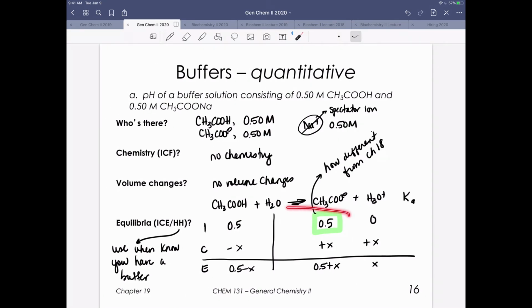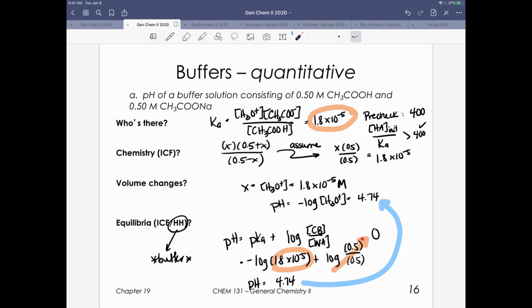Those were these values right here. Because these were equal, we're going to have the log of 1. The log of 1 is 0. So again, here we see that pH is equal to pKa. In essence, we got to the same answer going through an ICE table.